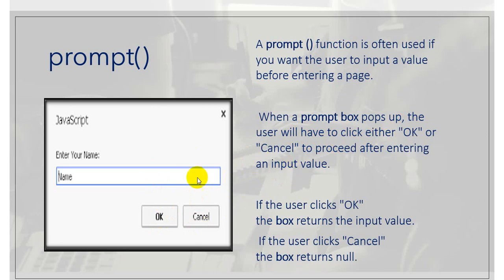On the basis of the user's reaction, if the user clicks OK, the box returns the input value. Return means it will send the input value, whatever value you write inside that text box. But if the user clicks the Cancel button, then it returns null. Null means it will return nothing.